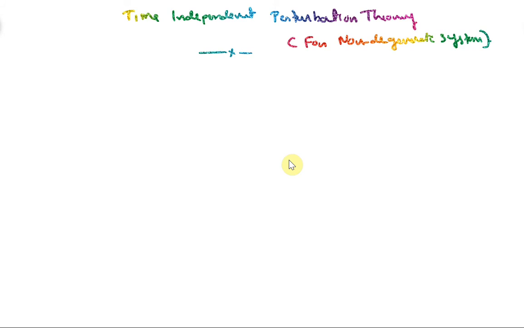Here also we have two classes by which time independent perturbation theory works. One is for systems which are non-degenerate, which is the simplest among all, and another one is for degenerate systems. What is the difference when degeneracy comes in?